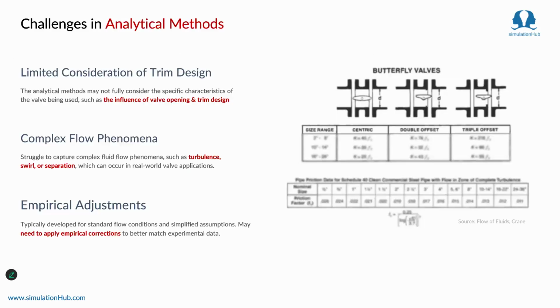So the challenges in analytical methods, as we have briefly seen: they are limited to trim design, so again, we cannot get insights of flow from analytical methods. It's quicker than flow loop testing to get a CV, but those insights are missed.